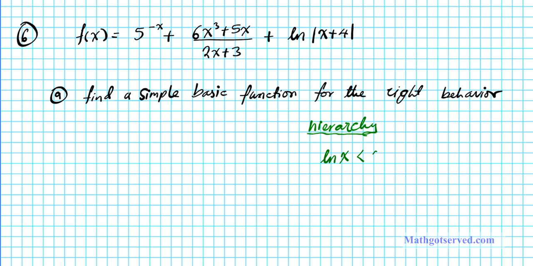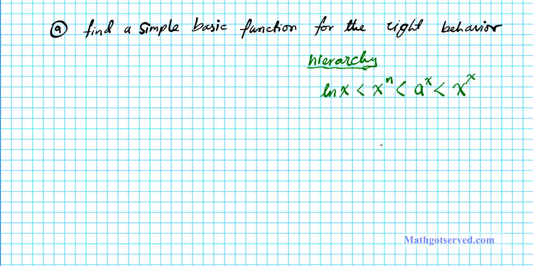Next, we have the polynomial function x to the n, and after that the exponential function a to the x, and then the fastest growing function, of course, is x to the x. So as you tend towards infinity, this grows the fastest, followed by this, followed by that, followed by this. Now let's also note the steps.